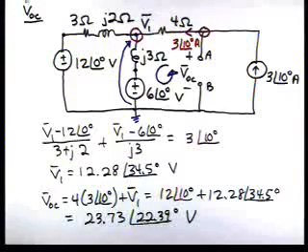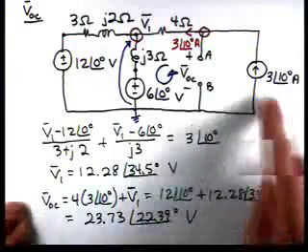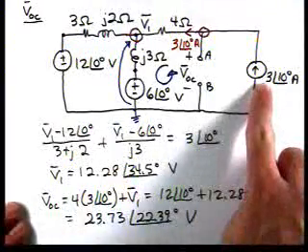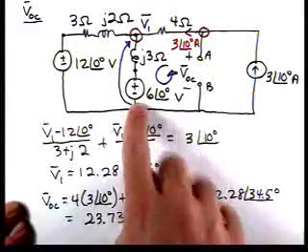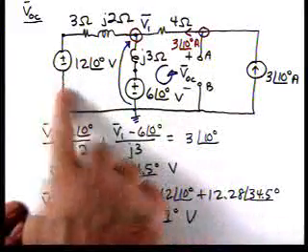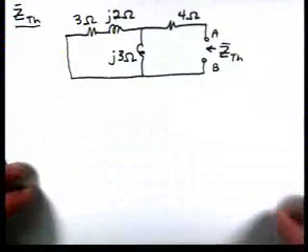Next, we need to calculate the Thevenin impedance, and we can take our circuit and turn all the sources to 0. If we turn this to 0, it becomes an open. If we turn this to 0, it becomes a short. If we turn this to 0, it becomes a short. Our resulting circuit for calculating Z Thevenin is here.